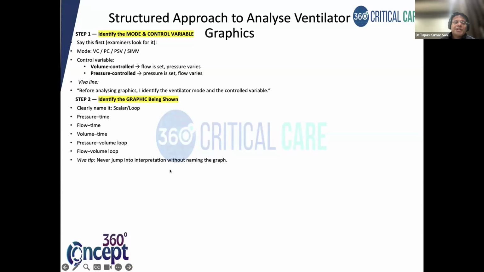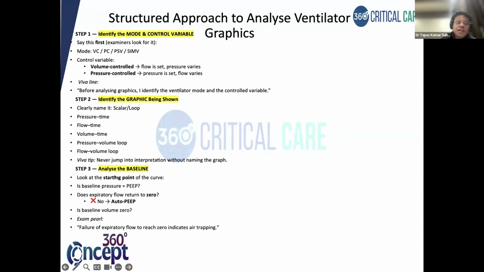Never jump into the interpretation without naming the graph. The examiner may sometimes feel that you are bluffing by looking at the picture, but you are unable to actually have a structure in your mind. So that is very important. If you start in a structured way, even if it is difficult, you would reach the correct conclusion. Are you getting it?